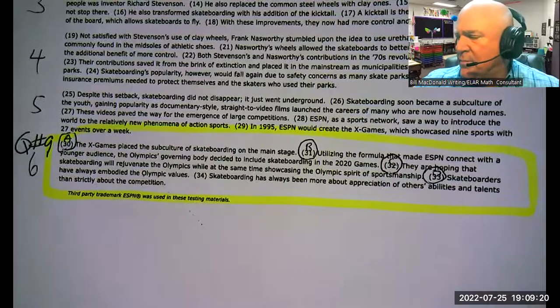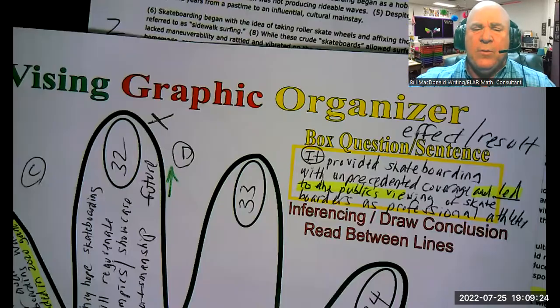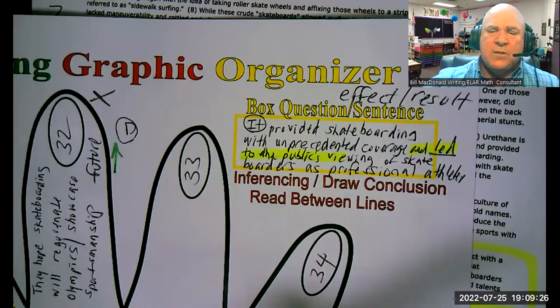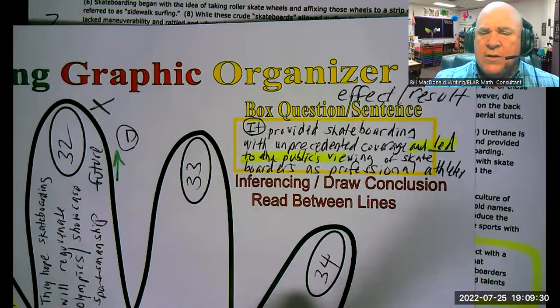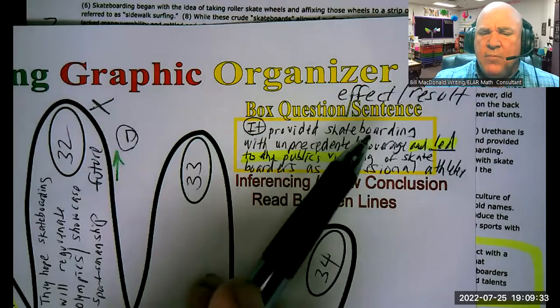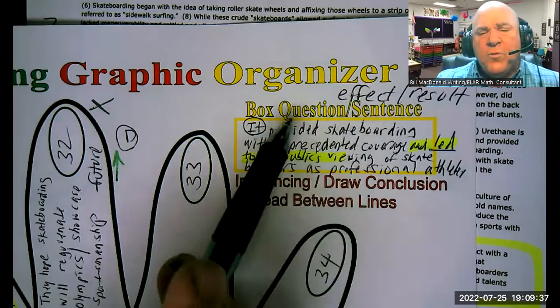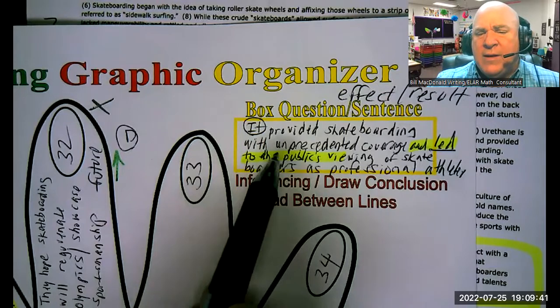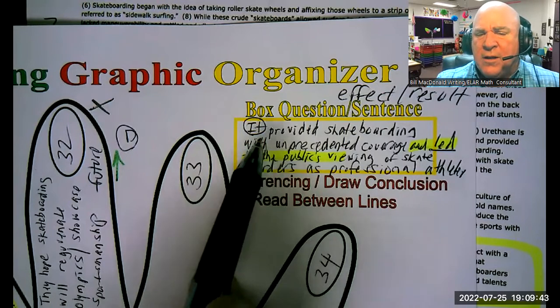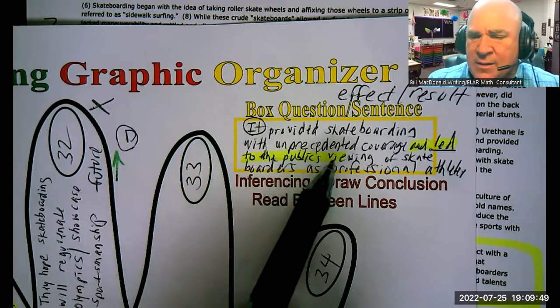It's either going to be an insert a sentence or insert a box question. And so I went ahead and moved it over here. "It provided skateboarding with unprecedented coverage and led to the public viewing of skateboarders as professional athletes."